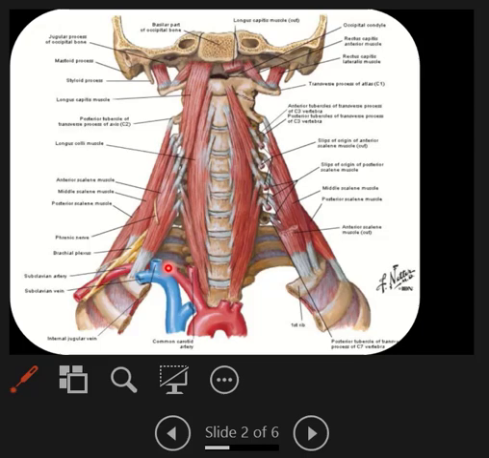But, either left or right, it has three parts. The first part goes from the origin to the medial border of the scalenus anterior muscle.